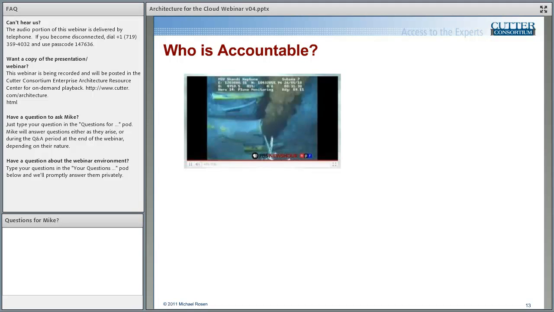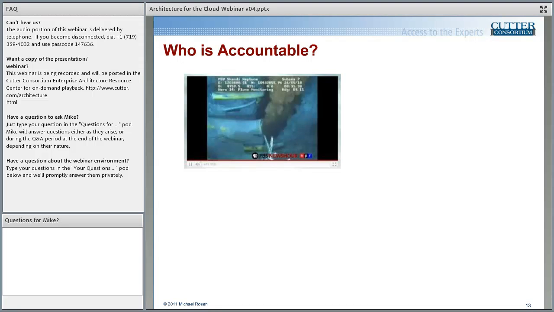Now, many of you will recognize this picture. If you don't, perhaps you'll recognize this picture. This is the Deepwater Horizon oil spill from last year. What was the result of this? Well, this was devastating to BP, at least for a while. They deferred their dividends for a year. Their stock dropped by 50% in just a couple of months.